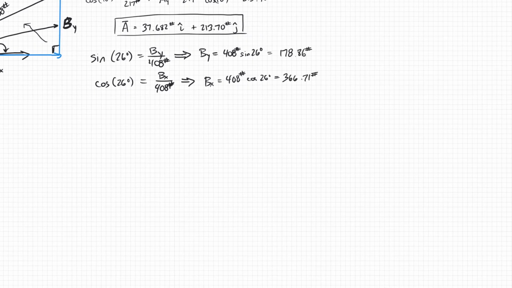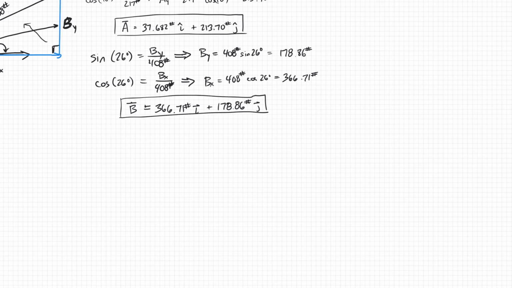All right, so we get these fancy numbers, and I can go ahead and do B, just like I did A. B equals 366.71 pounds in the X direction, plus 178.86 pounds in the Y direction.